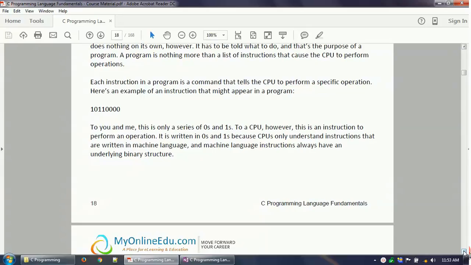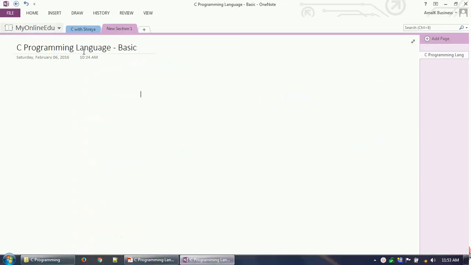And those instructions are placed through programming languages. Now there are different types of programming languages.